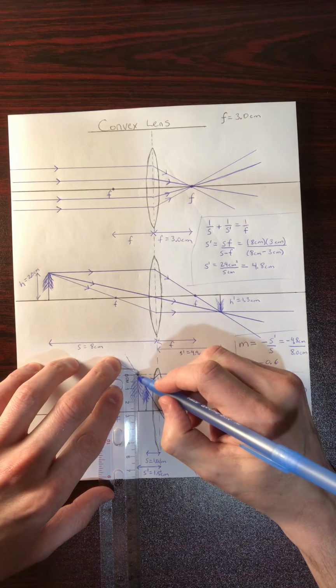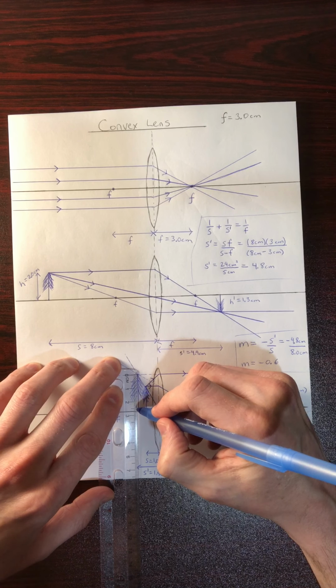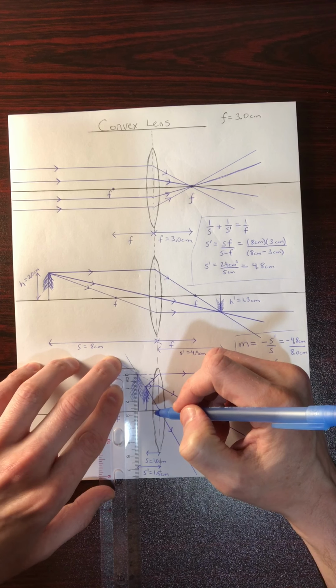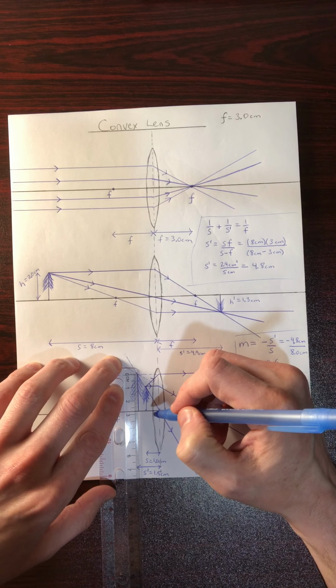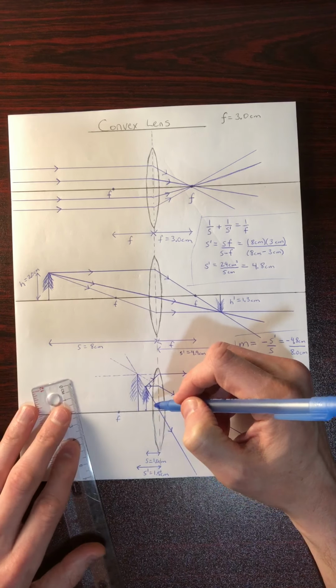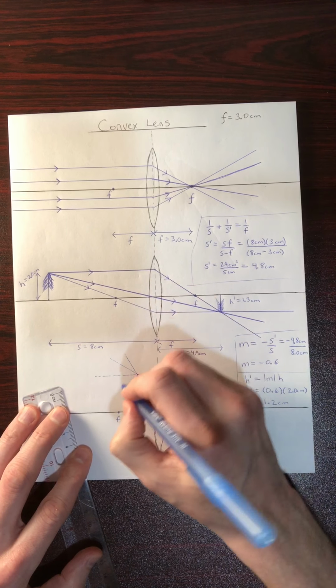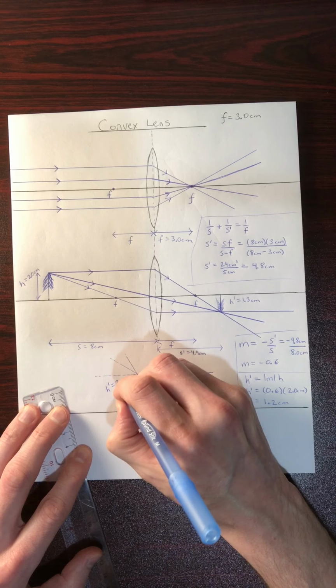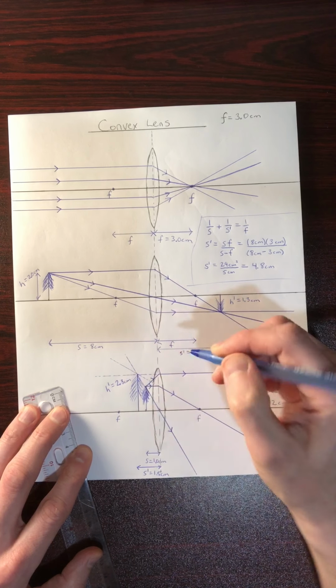Well, it's about 1, 2, 2.5, let's see, 2.75, we'll just call it 2.8. So we've got an approximate H prime of about 2.8 centimeters.